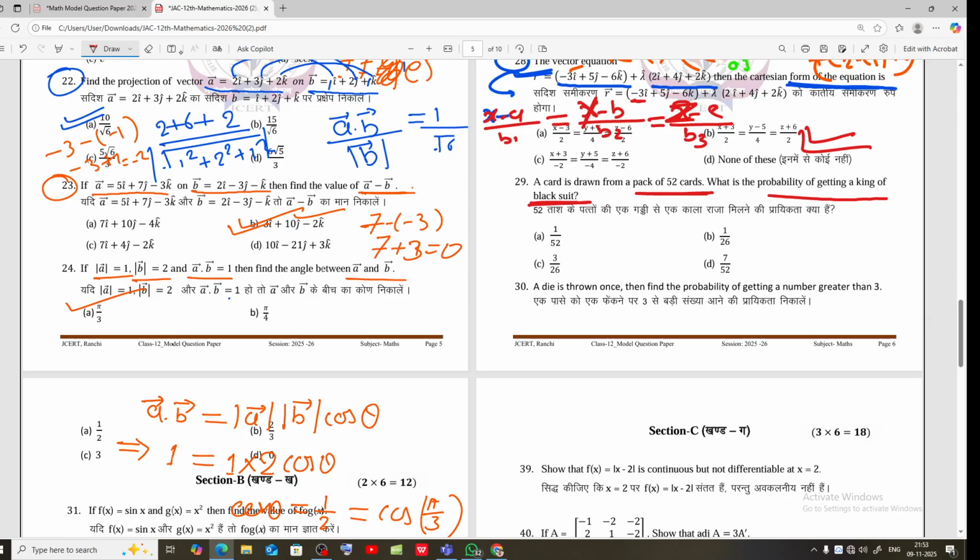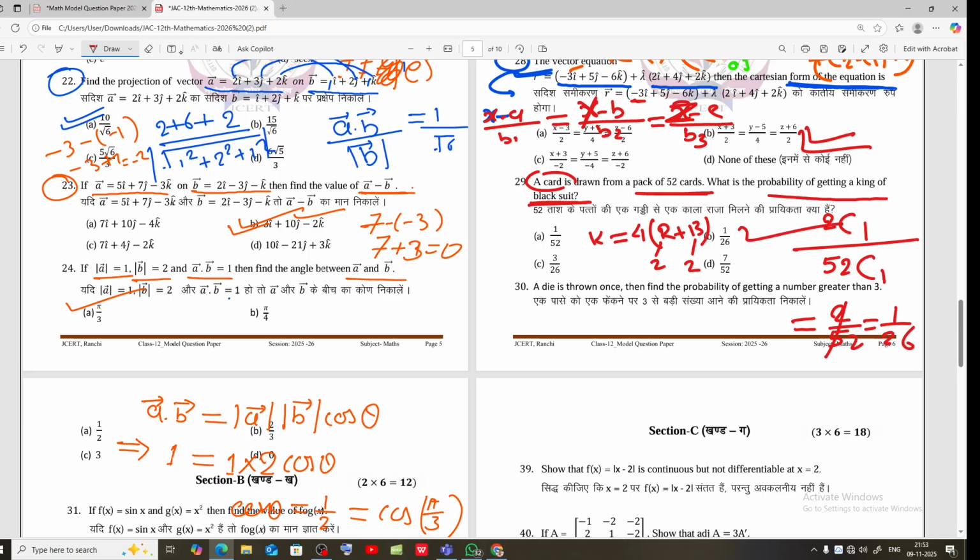A single card is drawn, that means 52C1. The king cards are 4: 2 red plus 2 black. That means 2C1. Your answer is 2 by 52, which is 1 by 26. 1 by 26 is the correct answer.